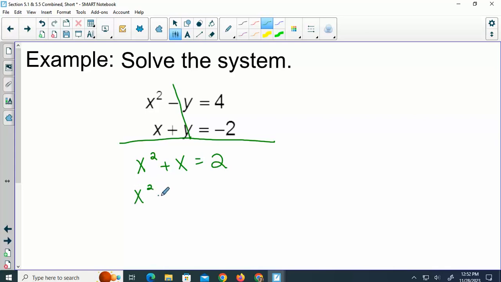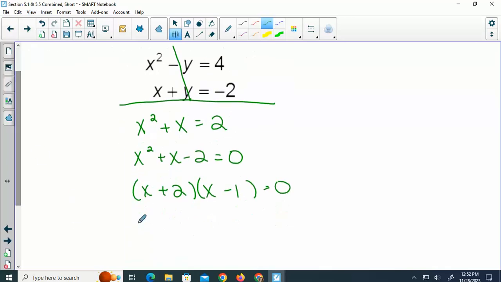So it's a quadratic, so we subtract over the 2. Multiply to negative 2 and add to positive 1. So if we set those to 0, we get negative 2, positive 1.